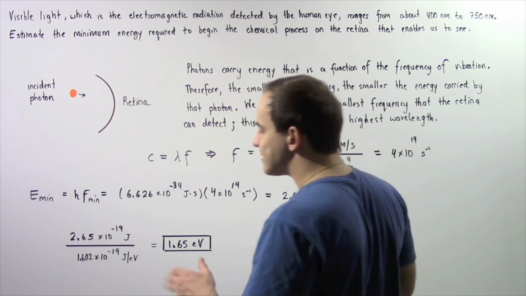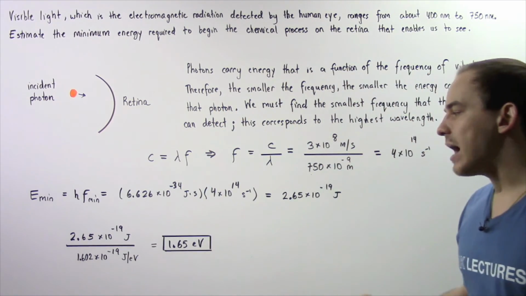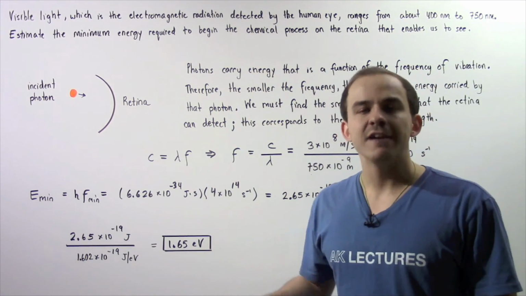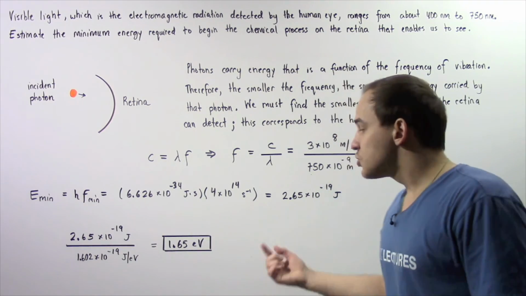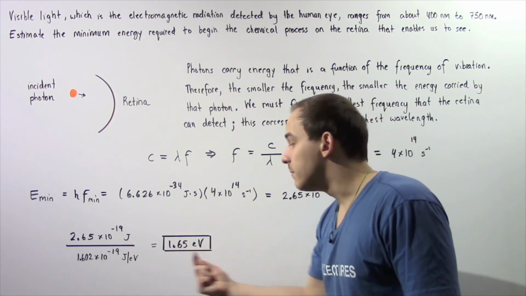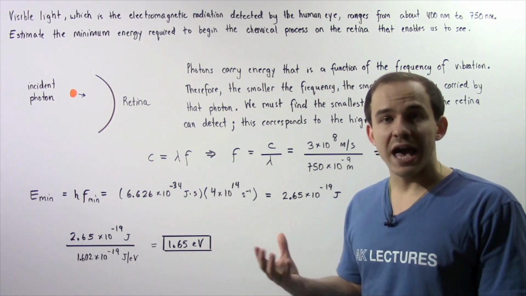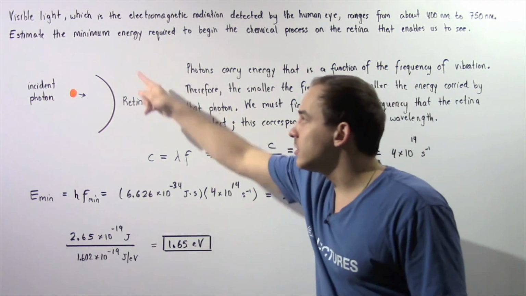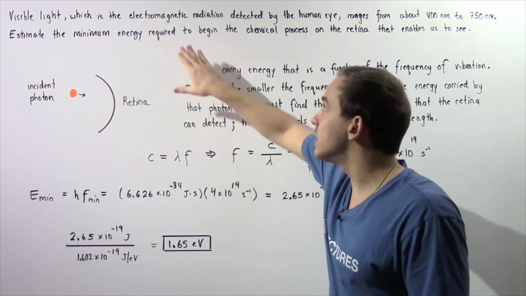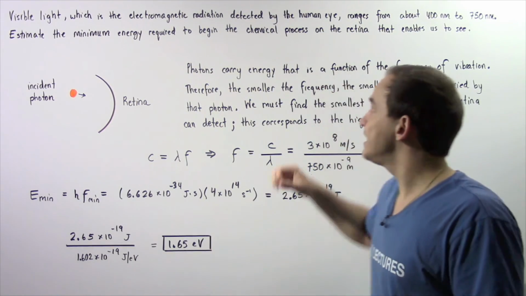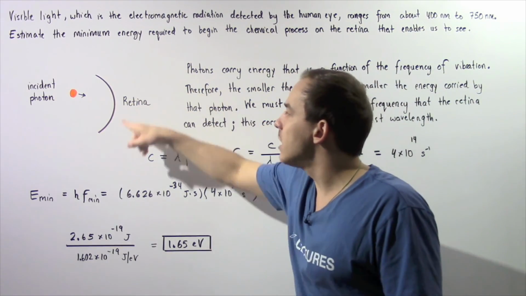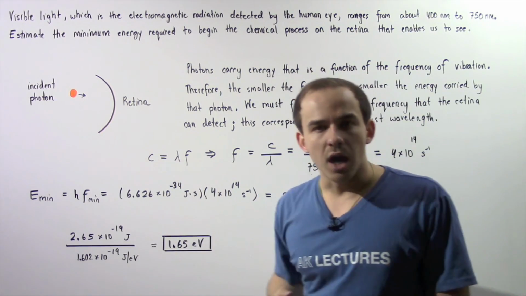The joules will cancel and we're left with about 1.65 electron volts. So this is the minimum quantity of energy that is required by the electrons found on the retina to actually initiate the chemical processes on the retina that enable us to see.